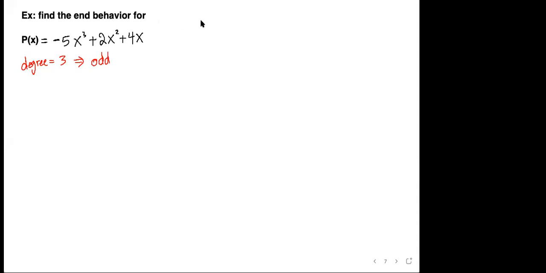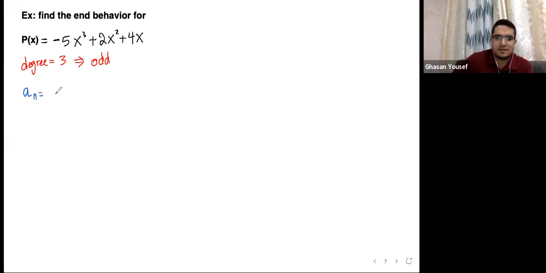Now, what is the leading coefficient? The leading coefficient is negative. Someone said 0, but no, it's not 0. The leading coefficient is this number.